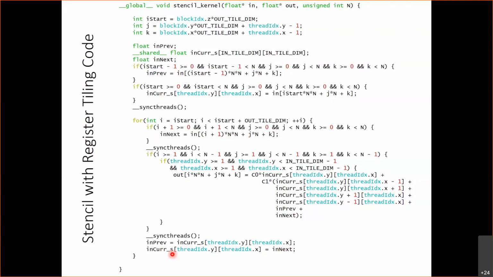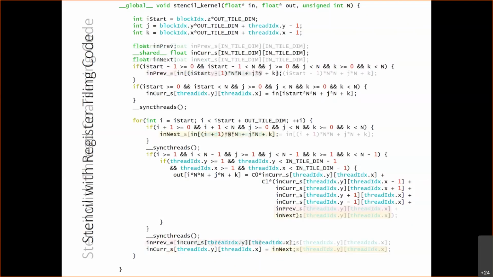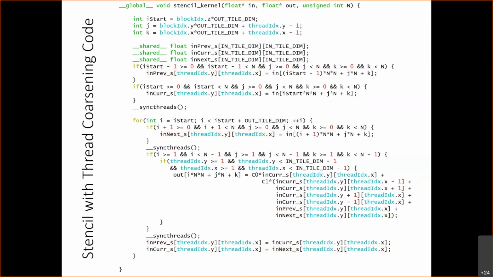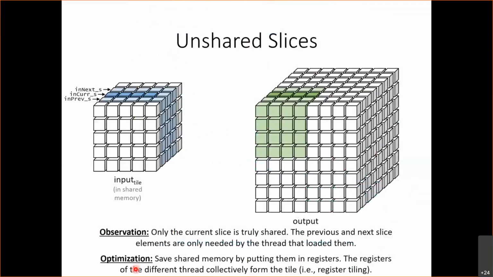Whenever we store a tile like this, the registers of the different threads collectively form the tile. So the current tile is stored in shared memory. The next and the previous tiles are stored in the collective set of registers across all the threads. And this is why we call this register tiling.